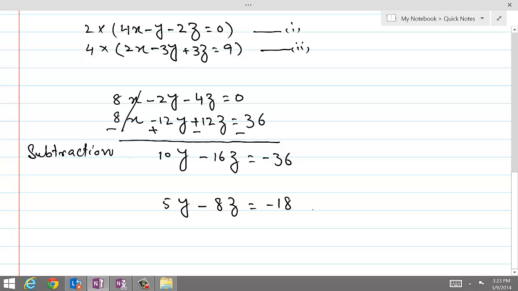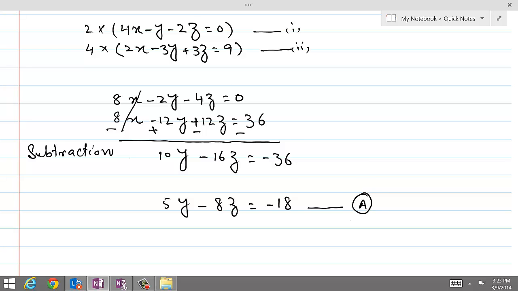And let's name this equation A. So this is equation A, what we have achieved from equation 1 and 2 of the given system by eliminating x. x is gone, and now we will do the same thing for group 2.